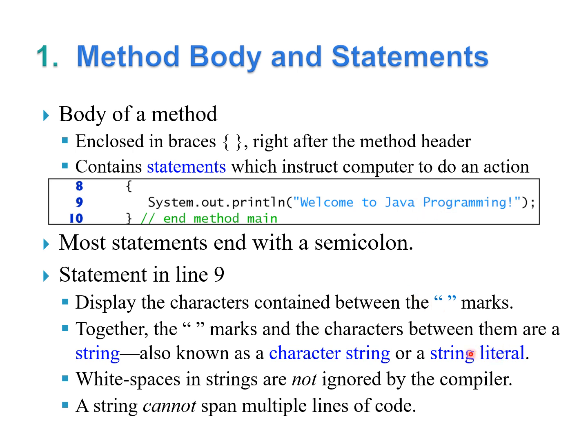Note that white spaces in a string are not ignored by the compiler because they are part of the string. A string cannot span multiple lines of code, so you cannot break the string "Welcome to Java Programming!" into multiple lines in the source code of Welcome1.